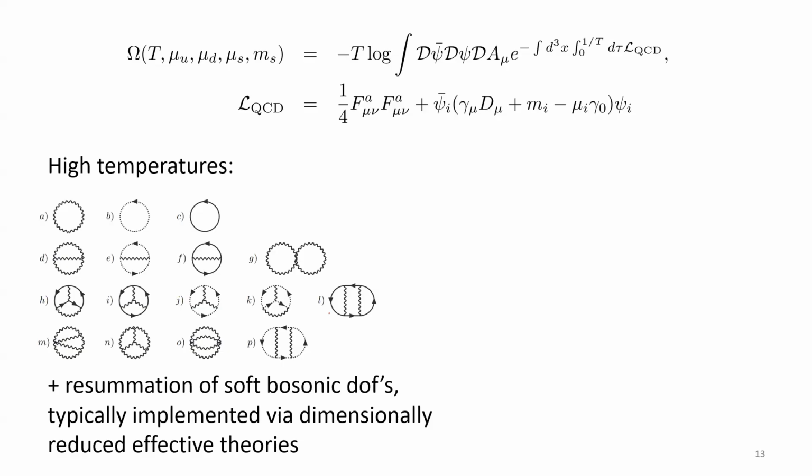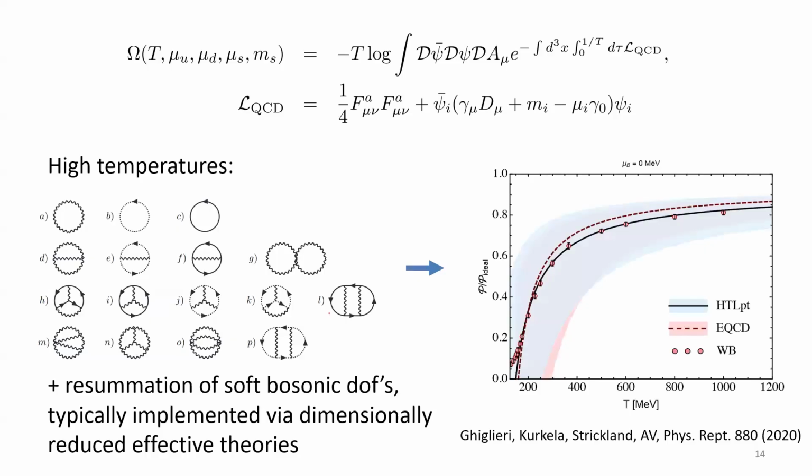You end up having to perform some kind of resummation, or use a low energy effective theory, but then out comes a perturbative prediction for quantities like the pressure or the energy density as a function of temperature, if we are at zero chemical potential, or the entropy density or whatever. Long story short, things are quite well developed now.